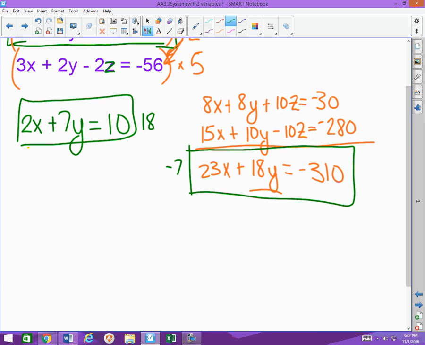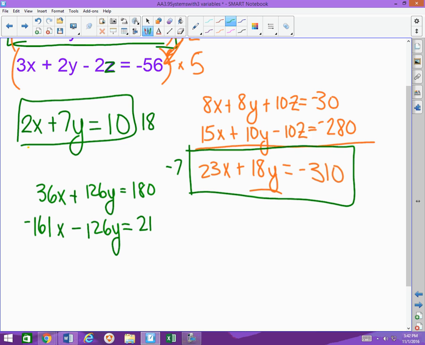Let's try that now. 36x plus 126y equals 180. And then we'd have a -161x minus 126y equals 2170.